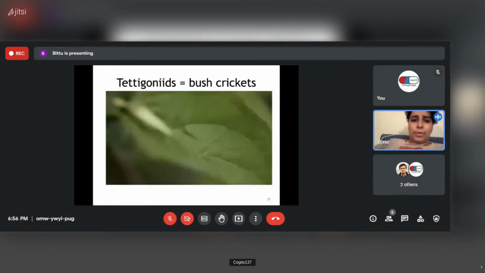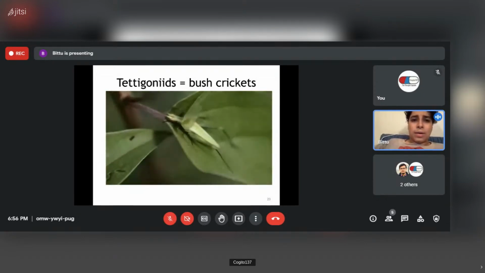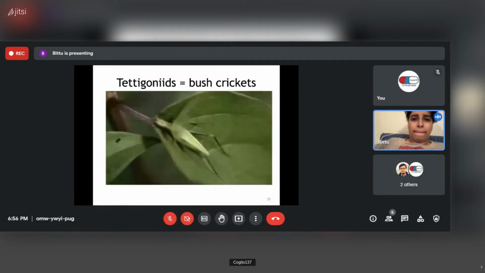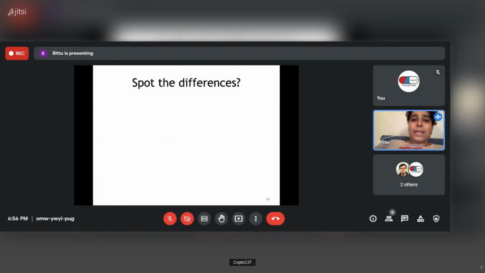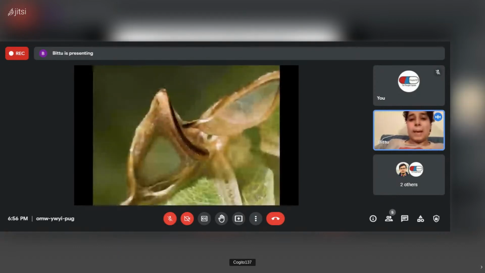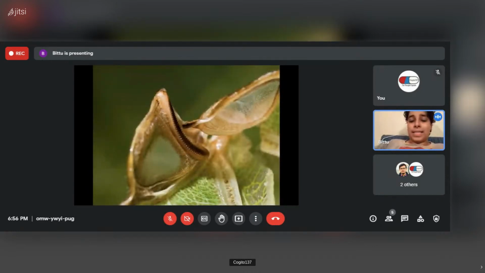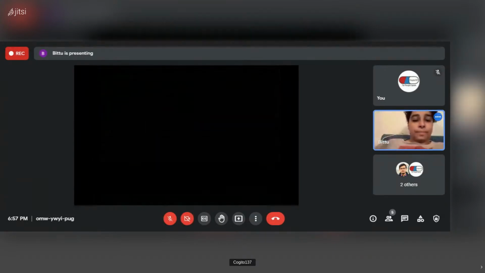yeah, you can see how it produces sound, and it's hard to spot the difference, but essentially in both cases, parts of the wing are rubbing against each other. And this is just a lovely photo showing you that there is a row of teeth on one wing that gets plucked by a plucker on another wing, and that then gets amplified on the other wing.